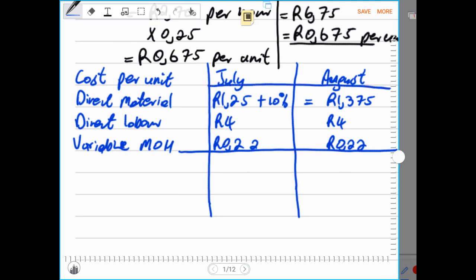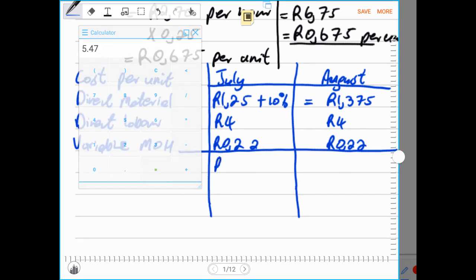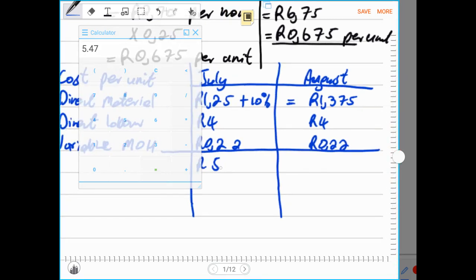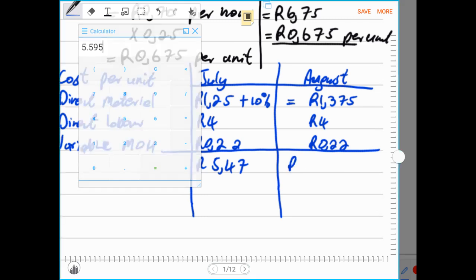So in this case, we can calculate our absorption cost: 4 plus 1.25, plus 0.22. That will give us 5.47. Then after, with 1.375 plus 4 plus 0.22, this will give us 5.595.